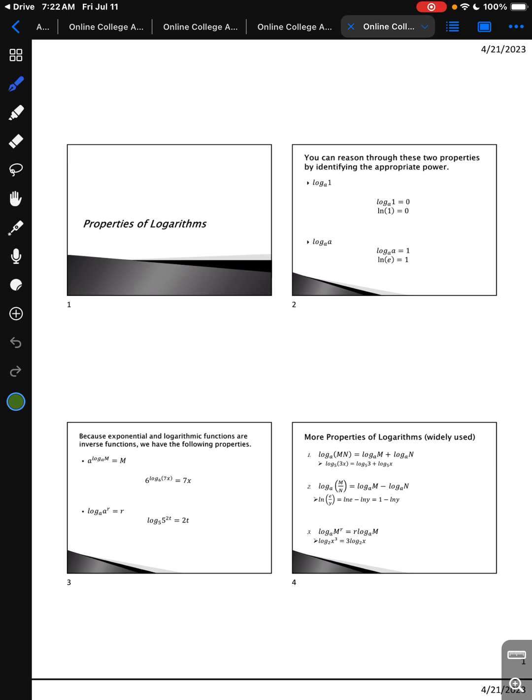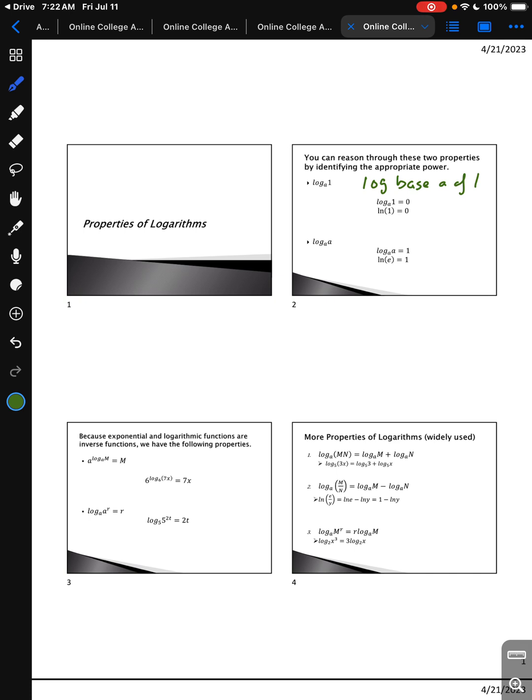So if you have log base a of 1, let's do it like this, log base a of 1. That's how that's read.